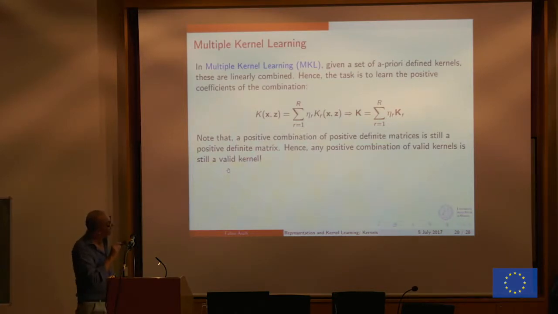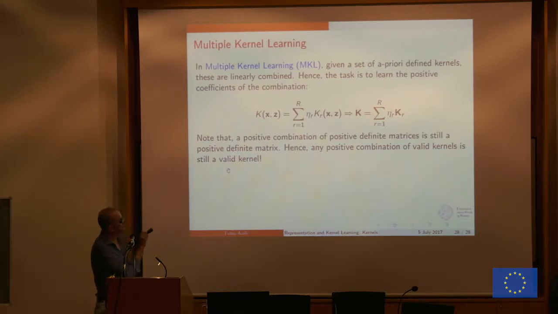I think you recall that when this combination is positive, you know that the combined kernel will always be a valid kernel. You remember the sum of kernels is a valid kernel, and the multiplication of a kernel by a positive scalar is a valid kernel.